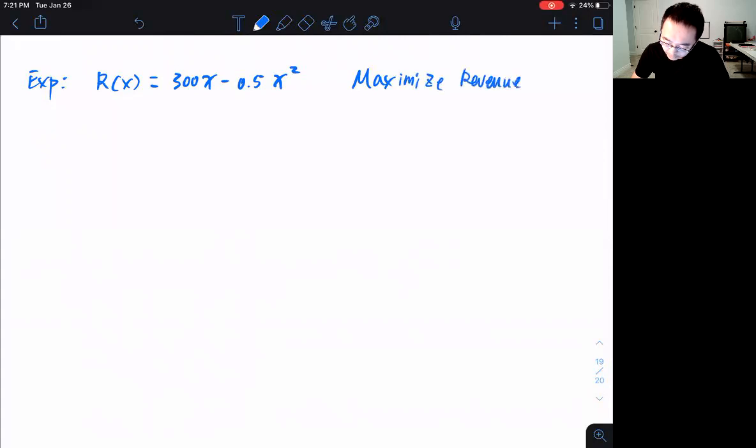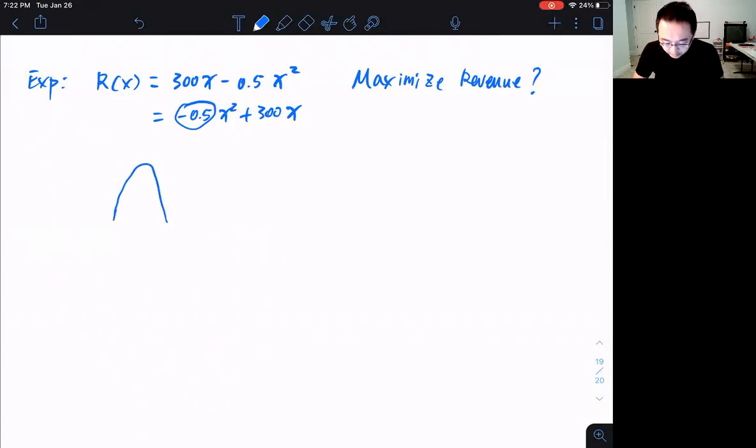Now again, with derivatives this would be very easy and quick to figure out, but you don't have derivatives yet. So looking at this, first of all, the revenue is really negative 0.5x squared plus 300x, in this order. And a here is negative 0.5, a negative number, so your parabola opens downward like this.